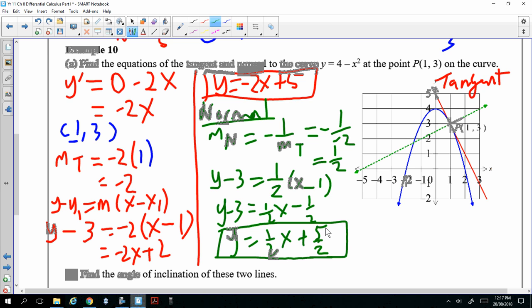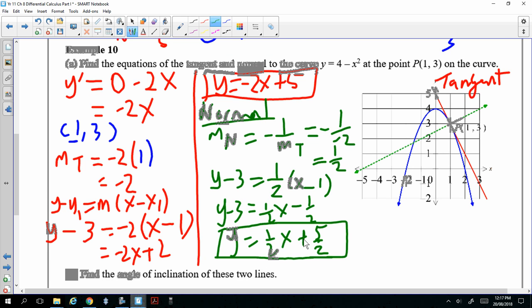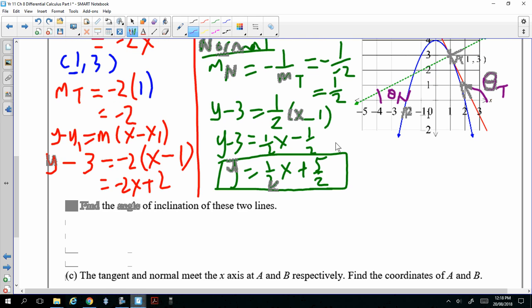Alright, after you do this, we'll also have to find the angle of inclination of these two lines. The angle of inclination is this angle, for the tangent and the normal, and there's a rule to do that: tan theta equals the gradient. So tan theta for the tangent is equal to -2, because the gradient of the tangent is -2.